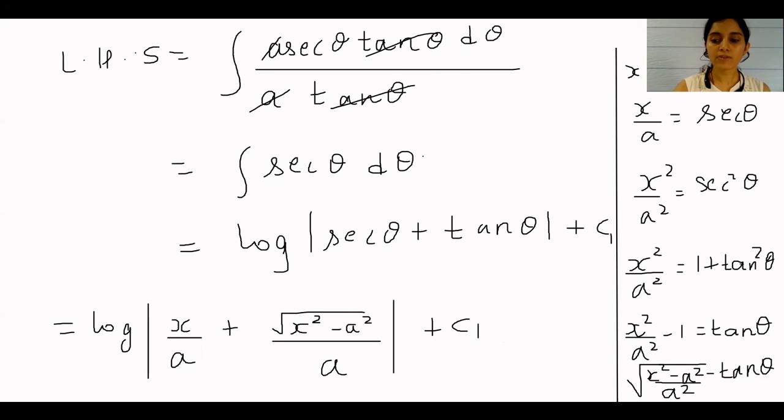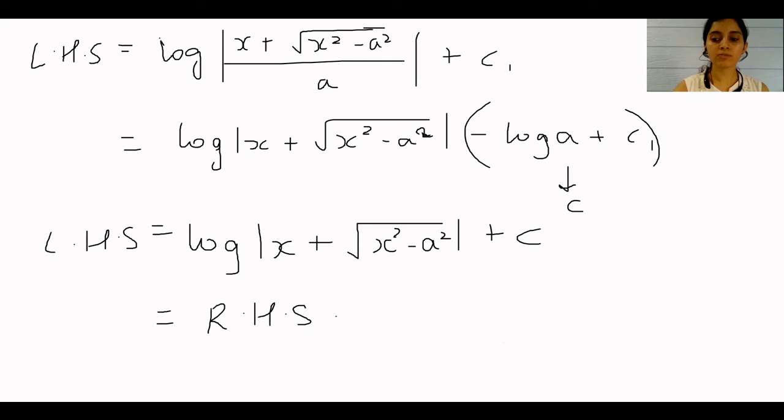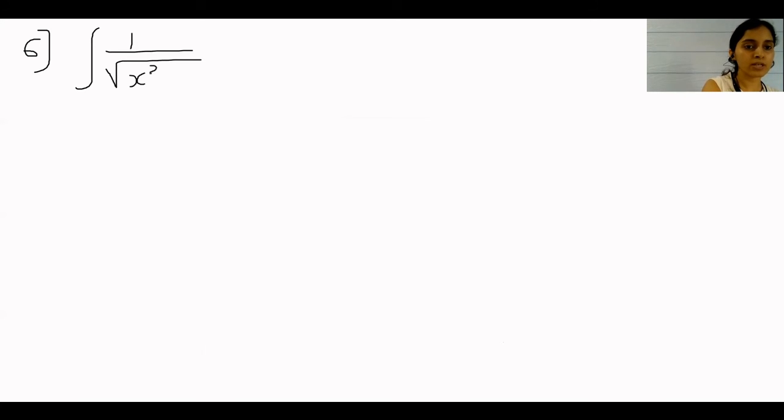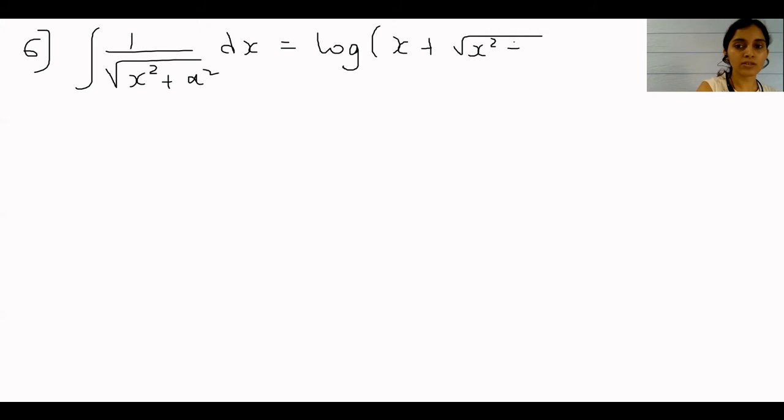Now the sixth and the seventh one, I'm leaving it up to you because it's exactly the same as what we have just solved, that is the fifth one. But I'm writing down the identities, or you can say special integrals, for you. The sixth one is integration of 1 upon root of x square plus a square dx is equal to log of x plus root of x square plus a square, plus c.